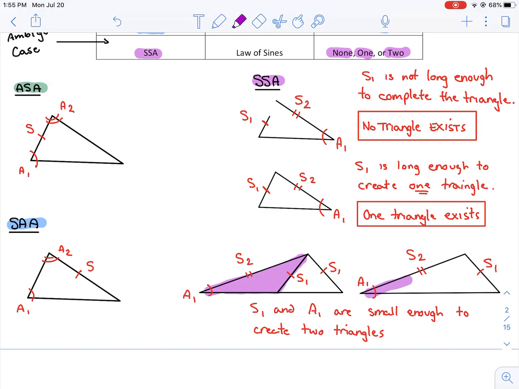So this would be the second triangle that is possible. So in this case, two triangles exist. And when we do the examples, I'll show you how to determine when two triangles exist.